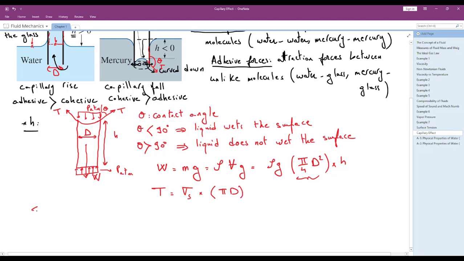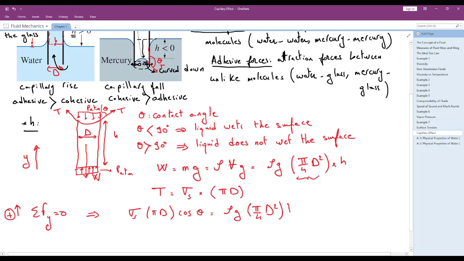So by force balance, summation of forces is equal to 0, and we project in the y direction. Let's say this is the y direction, so summation of forces in the y direction is equal to 0. So we will have sigma s times pi d times cosine theta equal to mg, equal to rho g pi over 4 d square times h.